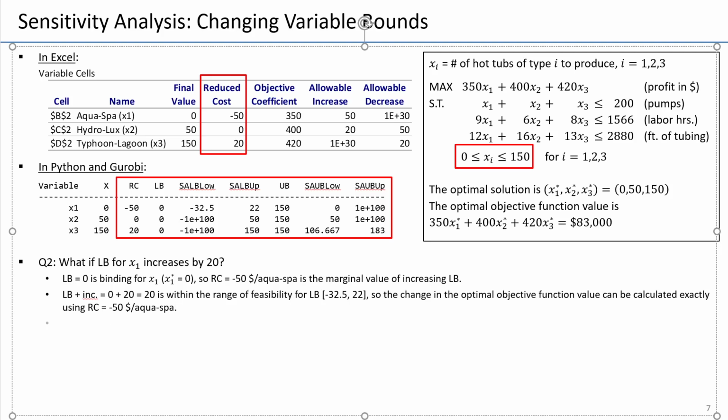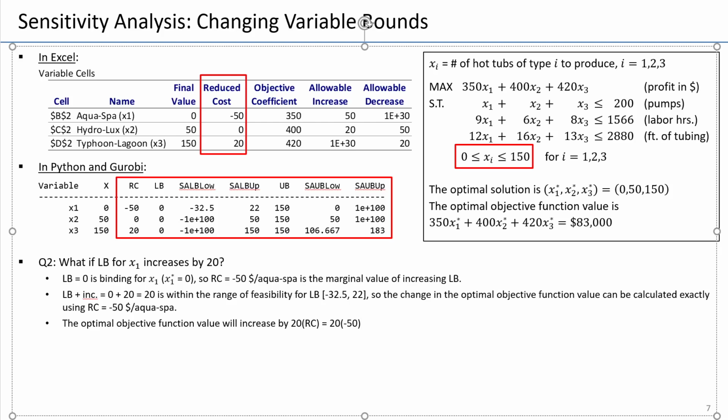So what is the new value, right? The optimal objective function value will increase by what? An increase of 20 causes an increase in the optimal objective function value by the same 20 times this marginal value, which is now the reduced cost. So it will be an increase of 20 times minus 50. Now, bear with me.